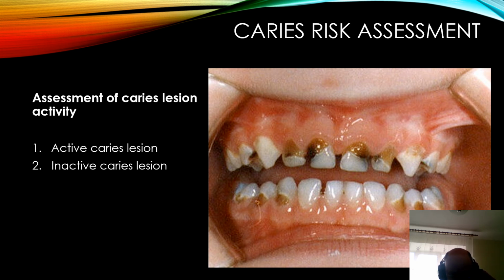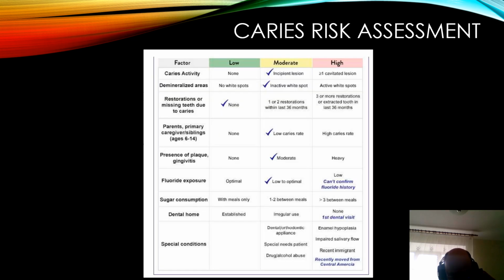As you can see on this picture, active multiple caries are shown. And according to this table, we can evaluate different factors and define low, moderate, or high risk of caries.